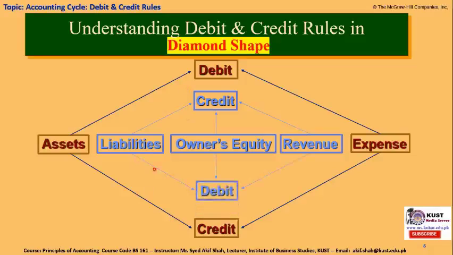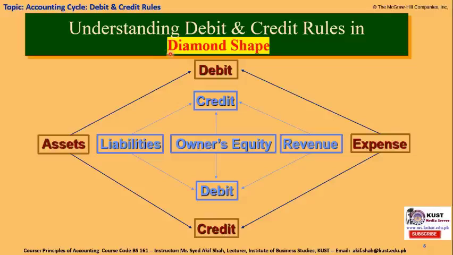And when there is a decrease in either liabilities, owner equity, or revenue of the company, you have to record that particular event or transaction in the debit column with a debit entry.